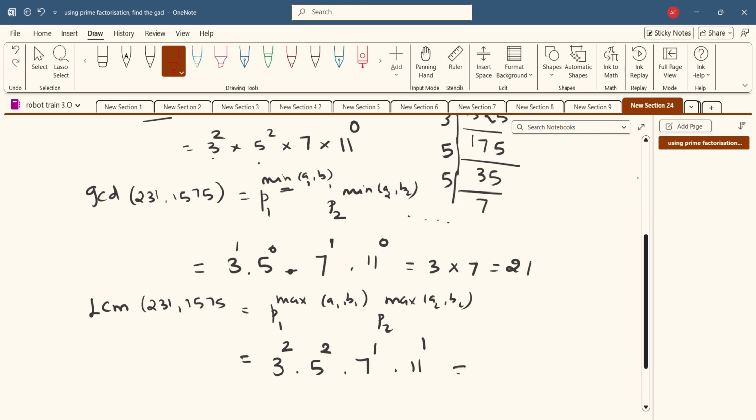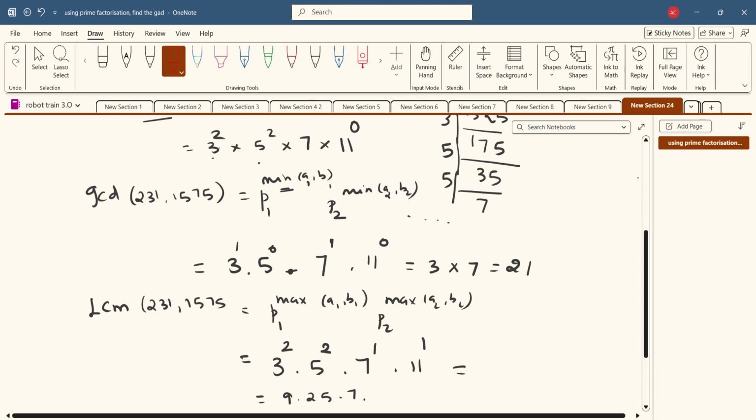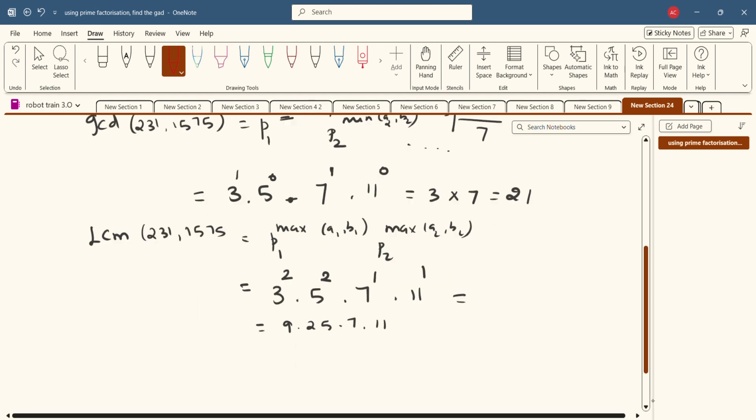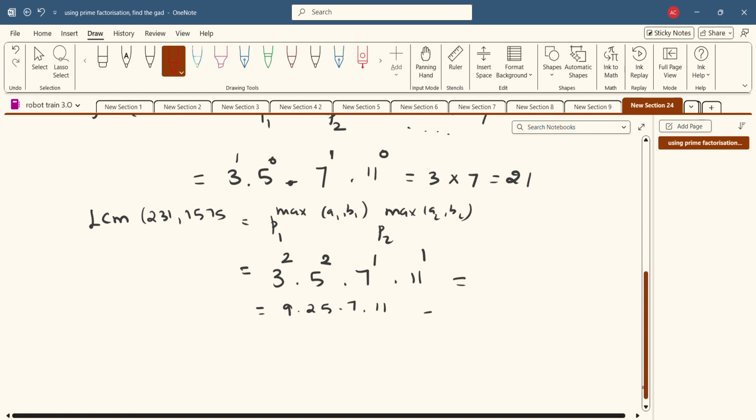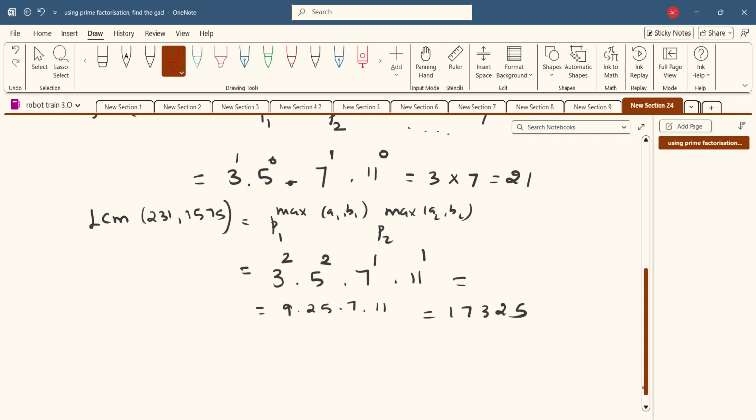Multiplying 9, 25, 7 and 11, we get 17325. This is the LCM of these two positive integers.